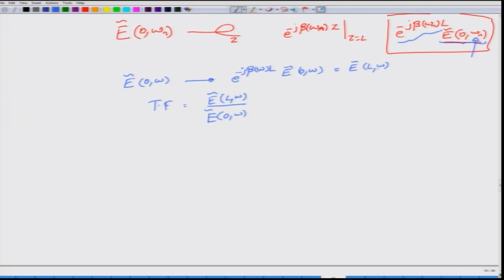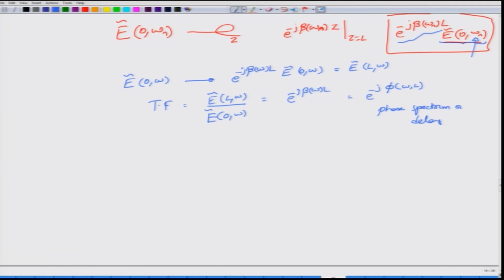So, essentially I look at the ratio of E of L comma omega and E of 0 comma omega, and I will see that this is simply given by this phase term e power minus j beta of omega times L. Sometimes this is also written as e power minus j phi of omega comma L, because you want to also specify the length here, and this phi is essentially the phase spectrum or the phase delay. Because phase is related to delay, this is sometimes called simply phase delay, although the terminology is not very nice. It is kind of standard in communication literature.